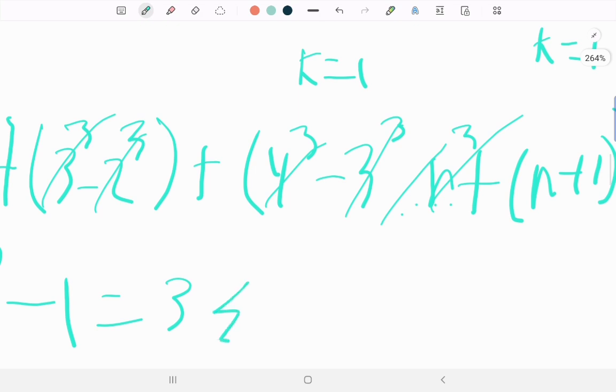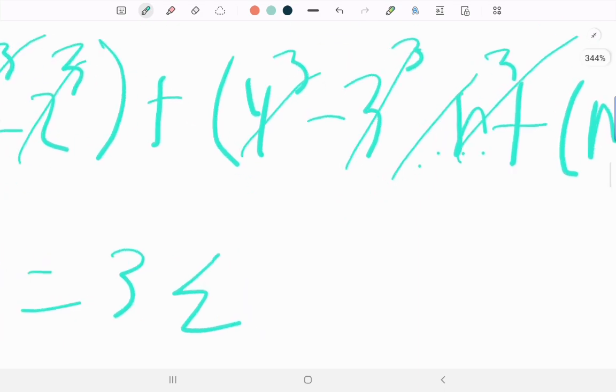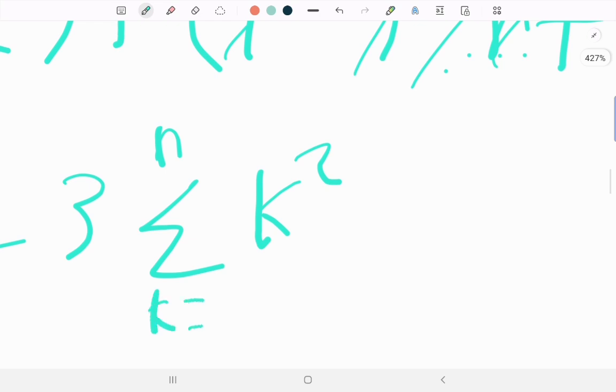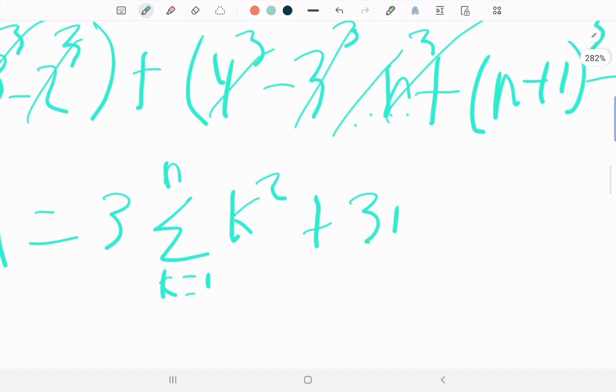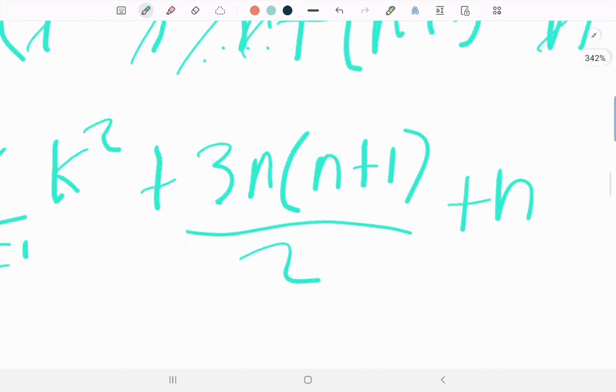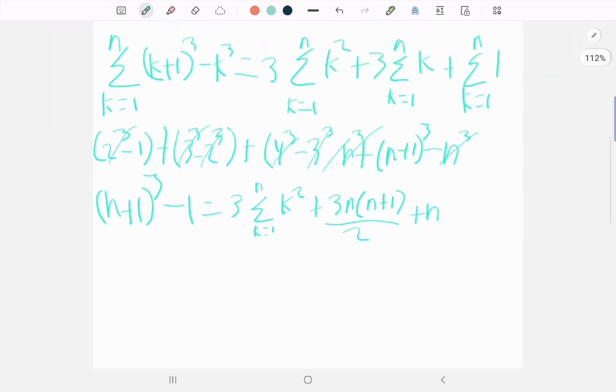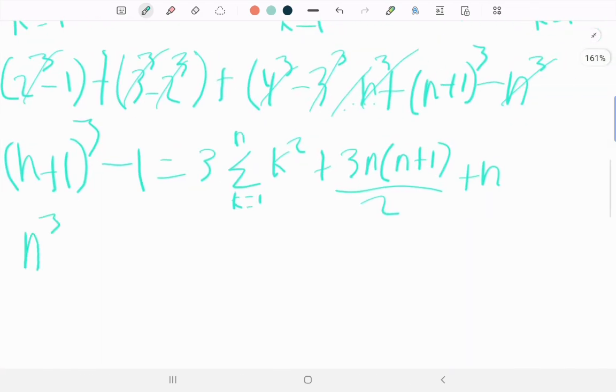is equal to 3 times the sigma summation of k squared, from k equals 1 to n, plus 3 times n plus 1 divided by 2, plus n. Okay, so now we can see that this turns into n cubed plus 3n squared plus 3n.